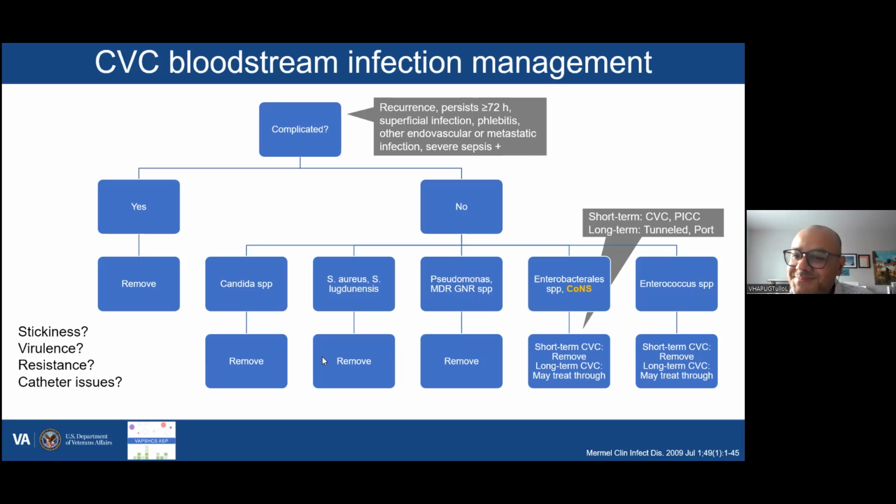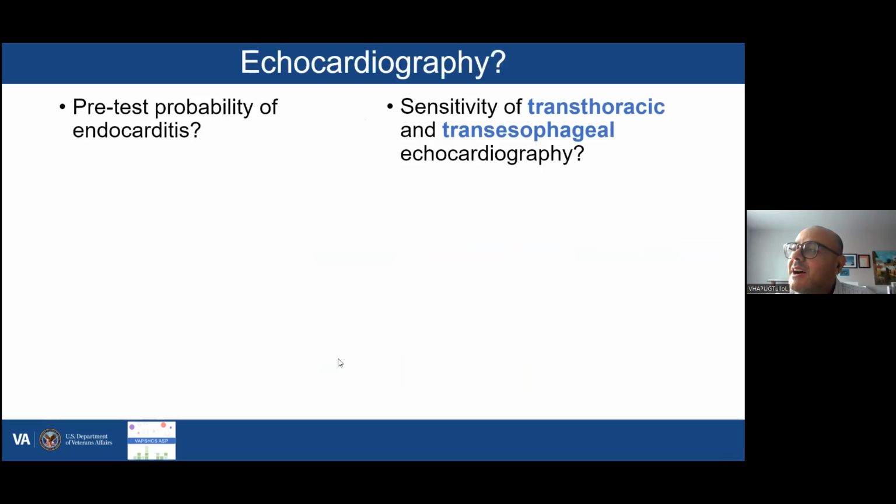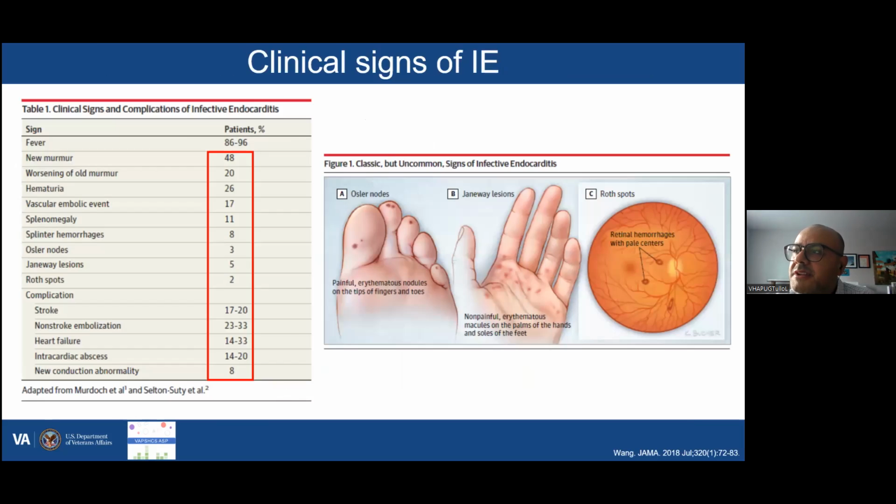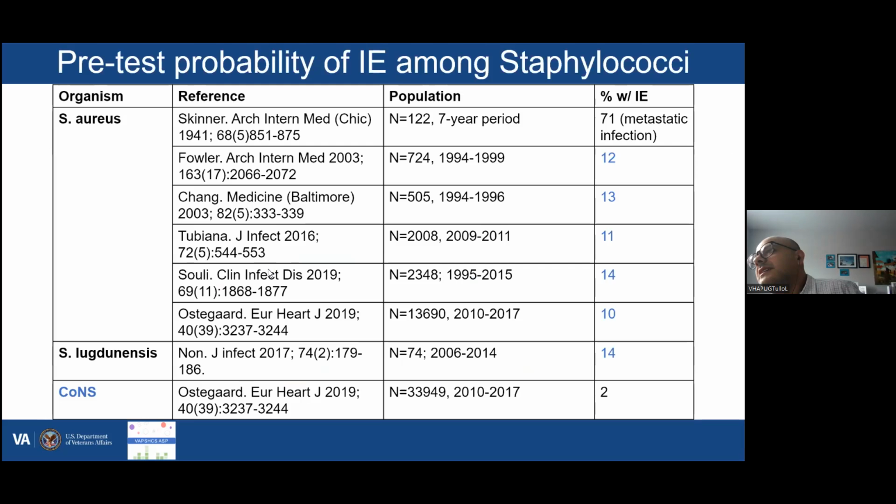Sorry about that. Great. The other question is, when do you worry about endocarditis or metastatic infections when you have a positive culture? Essentially, the answer there is it depends a lot on the organism and other clinical factors. This is just a summary of different studies through the ages, looking at what percentage of people with a positive blood culture had endocarditis.